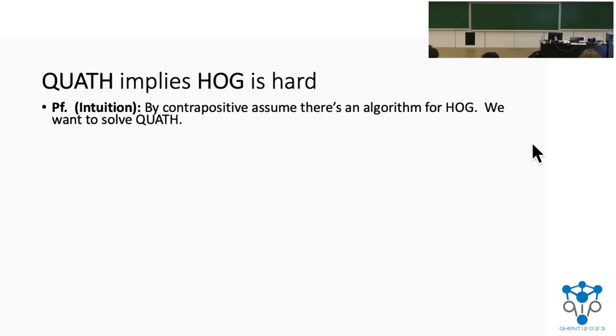Okay, so now let me talk about the reduction. How do we show that if this QUATH conjecture is true, then HOG is hard? There's a really simple intuition, and the formal proof is just a little bit harder. The simple intuition is, let's approach this by contrapositive. Let's assume that HOG is easy, so we have a classical algorithm. Well then, what do we do? We want to solve QUATH.